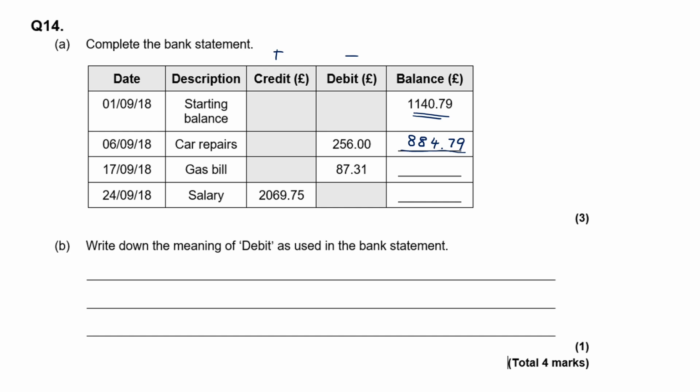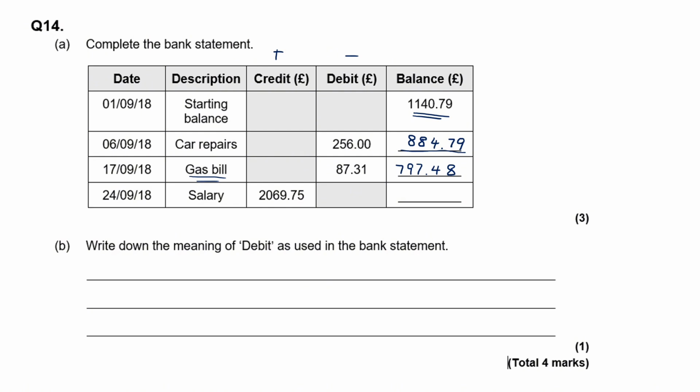My next stage is from balance, I am paying the gas bill, which is £87.31. So if I take £87.31 away from £884.79, that's going to give me £797.48.